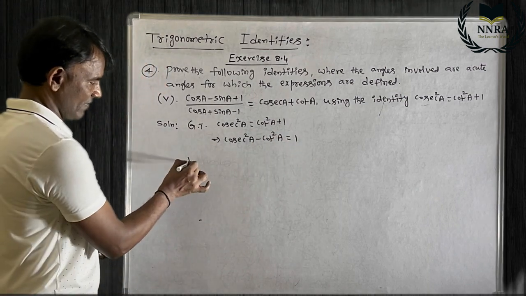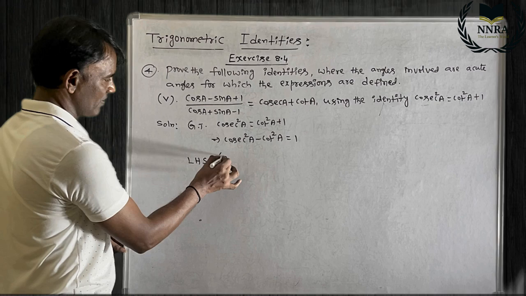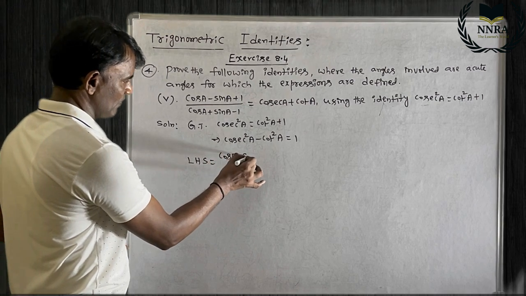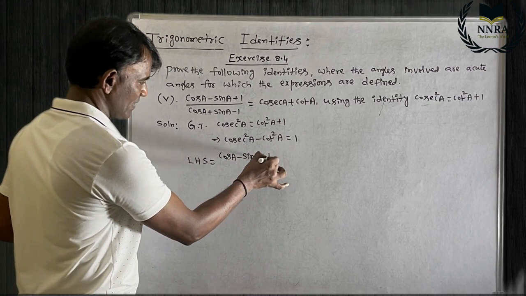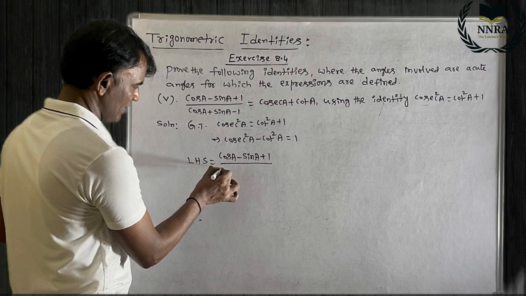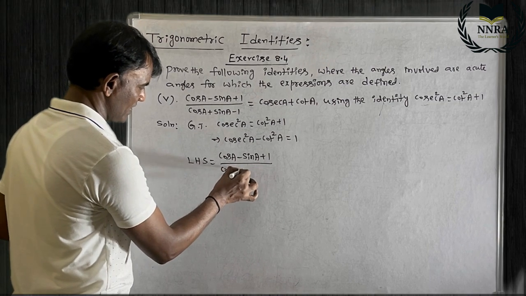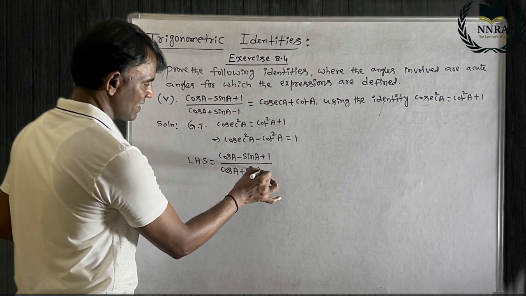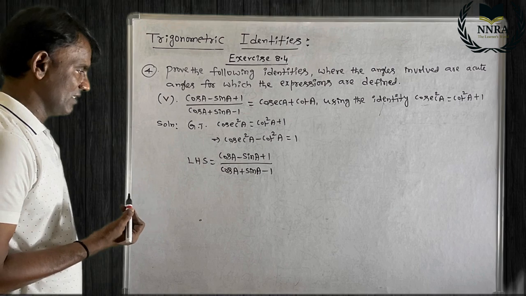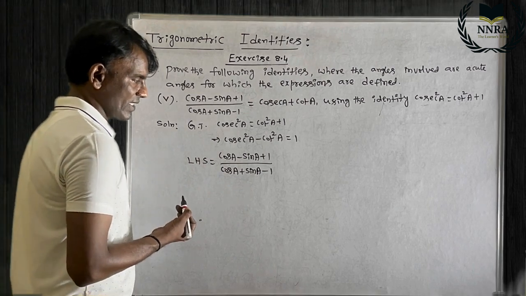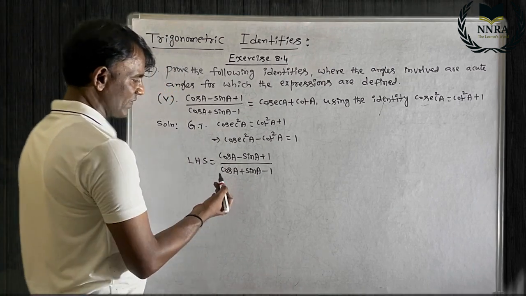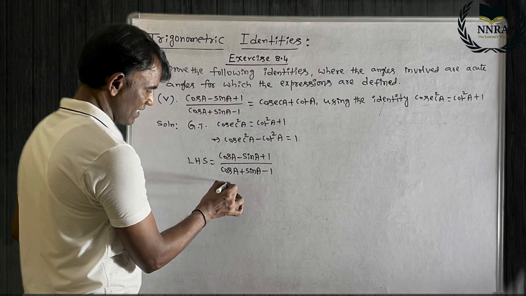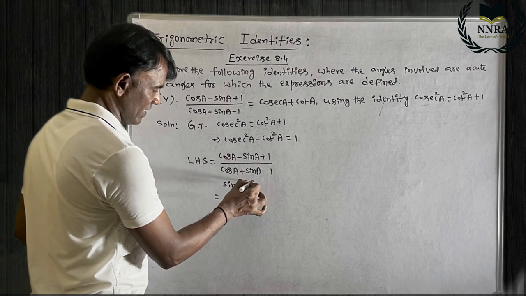Now the left hand side value. What is that? Cos A minus sin A plus 1 divided by cos A plus sin A minus 1. Now divide both numerator and denominator by sin A. Otherwise, just take sin A common in both numerator and denominator.